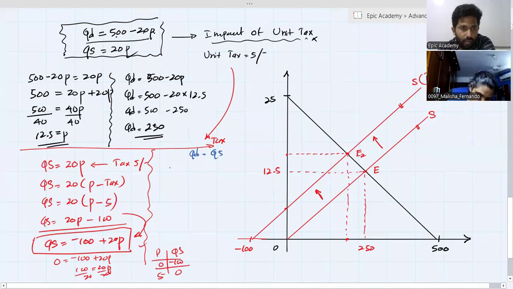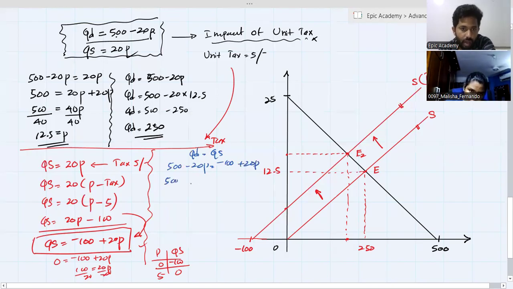We already know the equation for the QD. It is 500 minus 20p. So whatever the QS, QS changed: minus 100 plus 20p. Right.